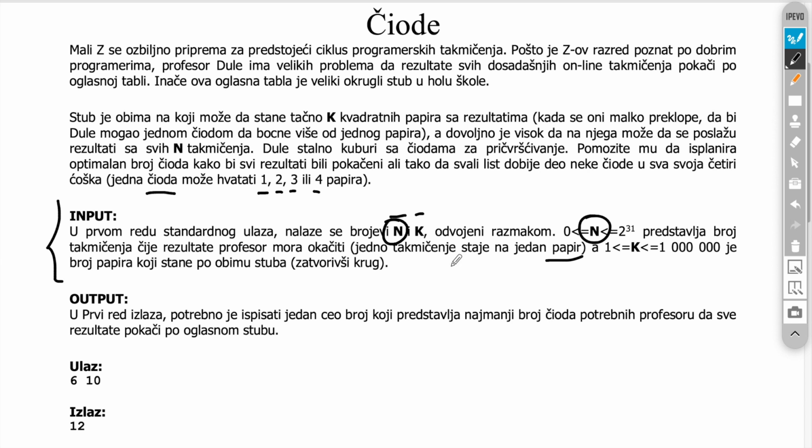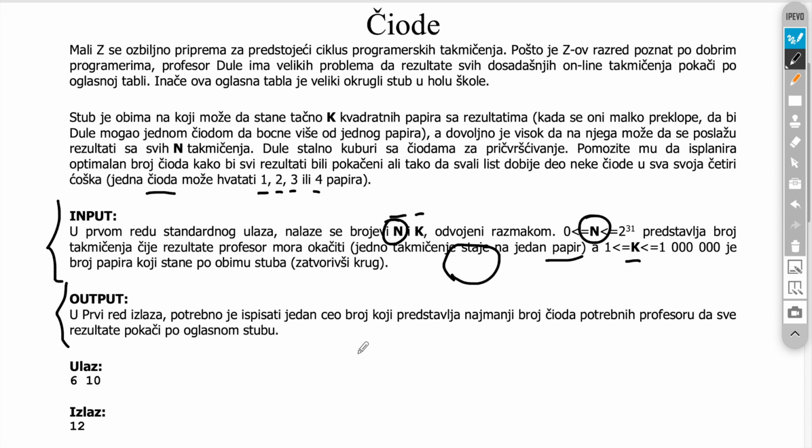Effectively, this means n may be regarded as the number of papers needed. K is the number of papers that may be arranged in a single row if you wrap it around. In other words, if you close full circle.